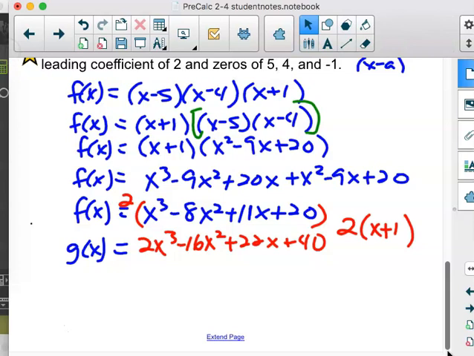Because working backwards, if we had to factor this, the first thing we would do is take a 2 out of all of that. So I've got g of x equals 2x cubed minus 16x squared plus 22x plus 40. And writing them, like I said, that's an important real-life skill, being able to write your polynomial functions.